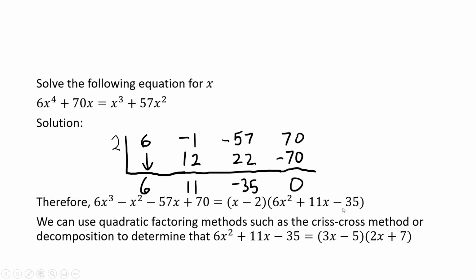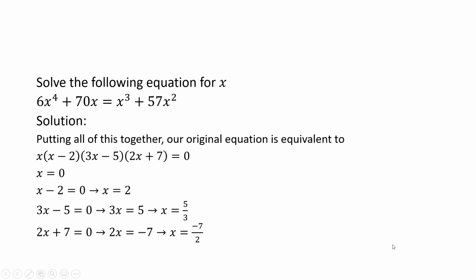Now, using quadratic factoring methods such as the crisscross method or decomposition, we see that 6x squared plus 11x minus 35 is actually 3x minus 5 times 2x plus 7. What this means is we can take that fourth degree polynomial that we originally let equal 0, and we can say that that's really equal to x times x minus 2 times 3x minus 5 times 2x plus 7.